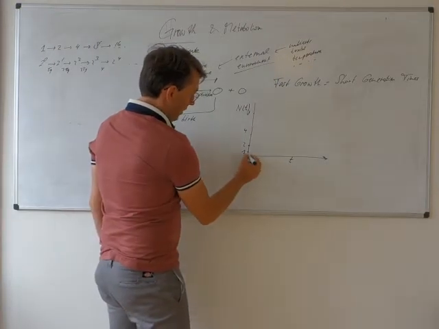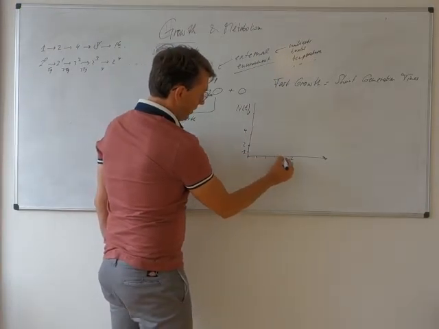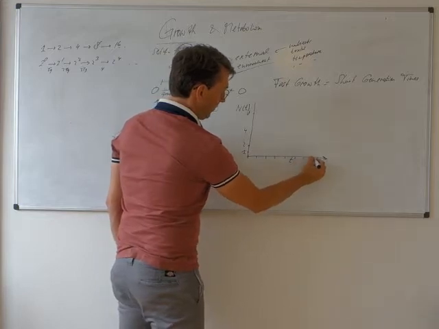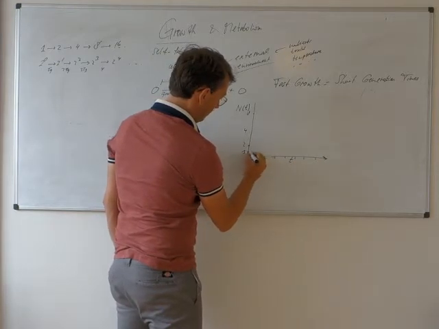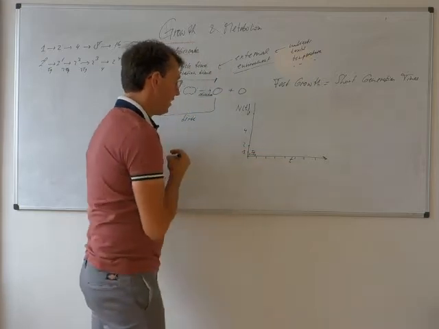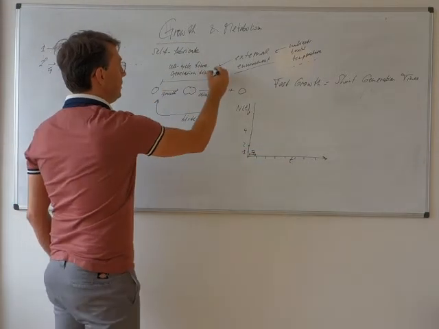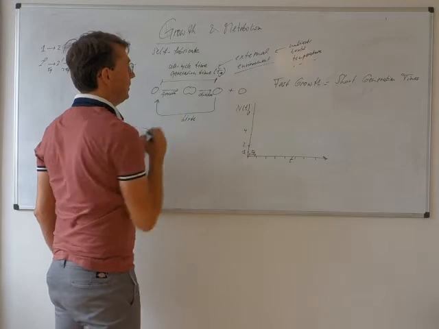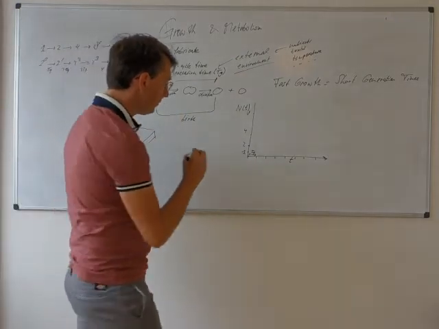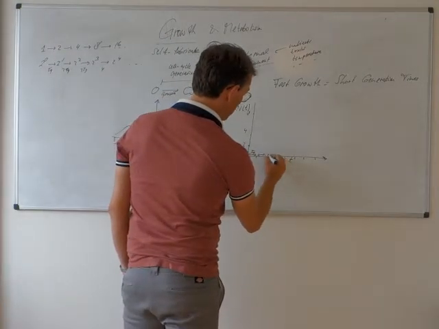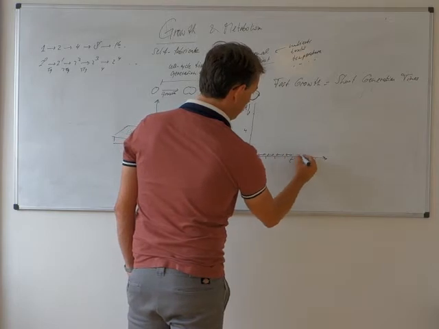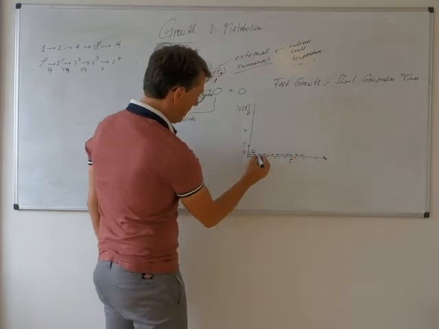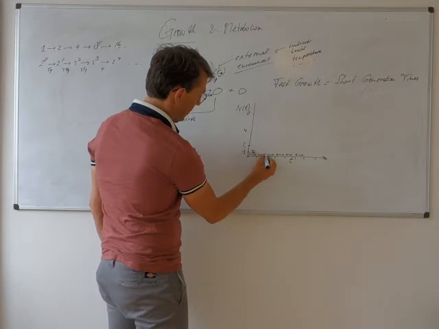Now I can think of this time axis as composed of pieces that are each 1 generation time long. Okay, so let's denote this generation time by tau g. This is one tau g, the other tau g, the third, the fourth, etc. And we know that after 1 tau g, I'm here.